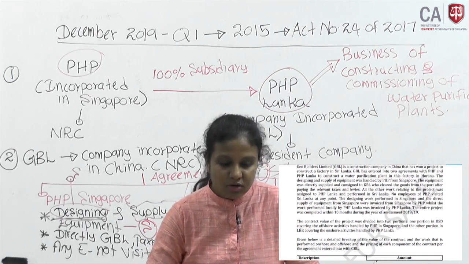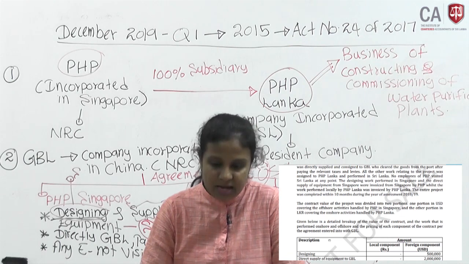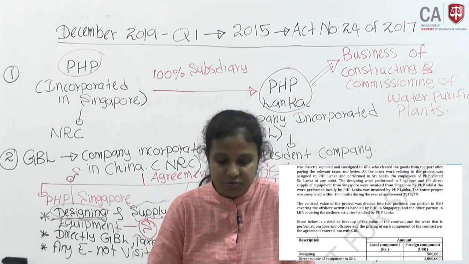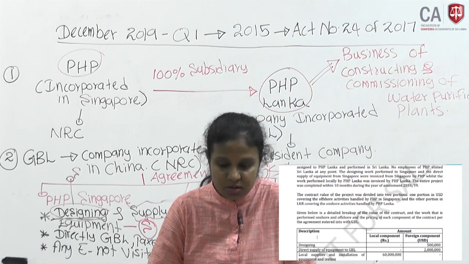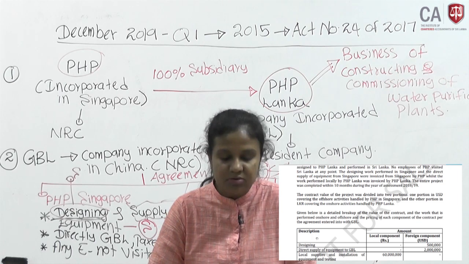Then given below is the detailed breakup of the value of the contract and the work that is performed onshore and offshore, and the price of each component of the contract per the agreement entered into with GBL.